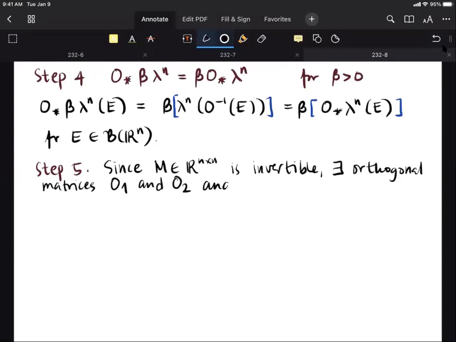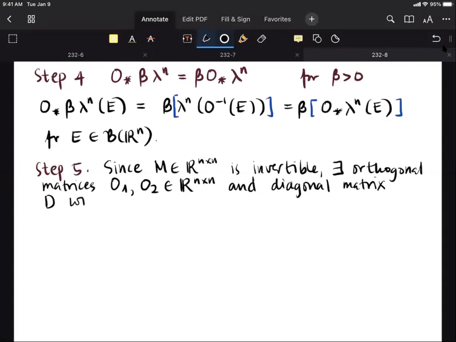And okay, let us emphasize the dimensions. These are square matrices, and a diagonal matrix D with positive diagonal entries.